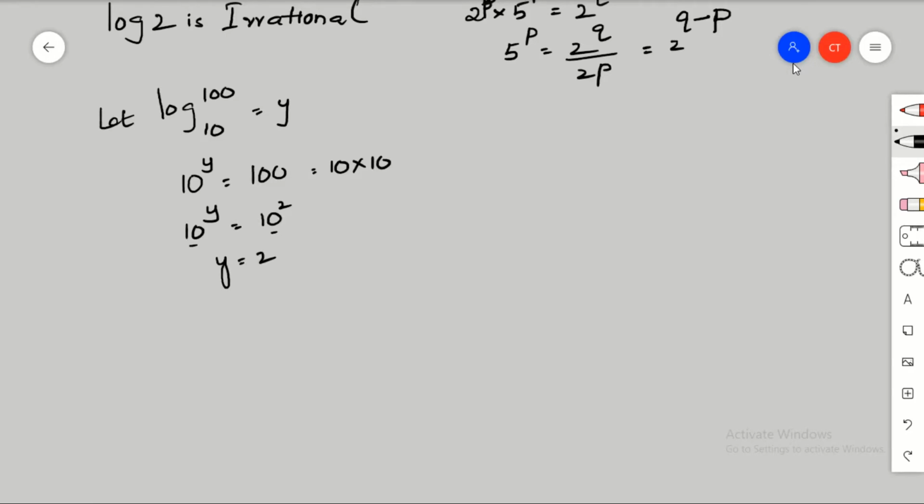So if I place this 2 in place of this y, definitely these two values will be equal. LHS will be equal to RHS. So since we are getting a valid number in place of this y, definitely we can say that log 100 base 10 is rational.